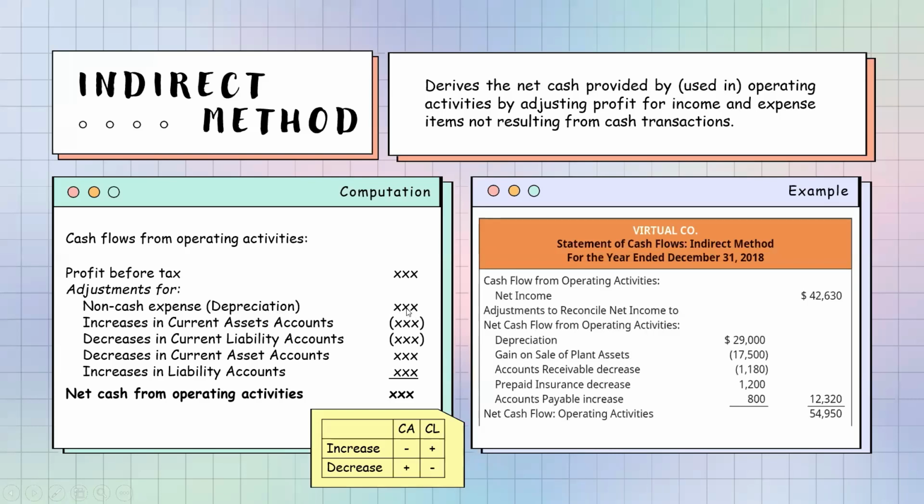And then, ina-add siya. And then, yung gain or increase in current asset, nililess natin siya. And same, nililess din natin yung decrease in current liability accounts.